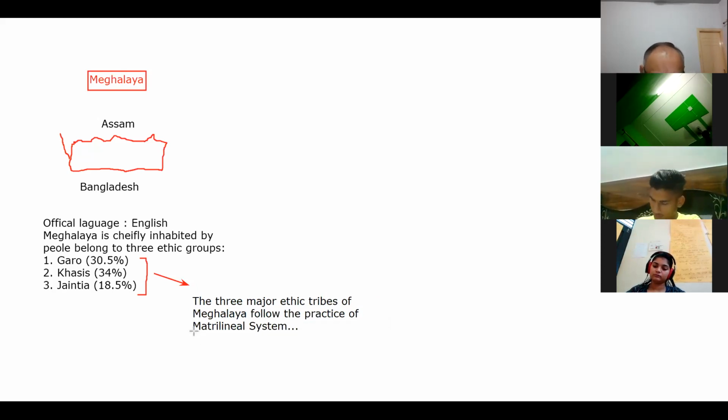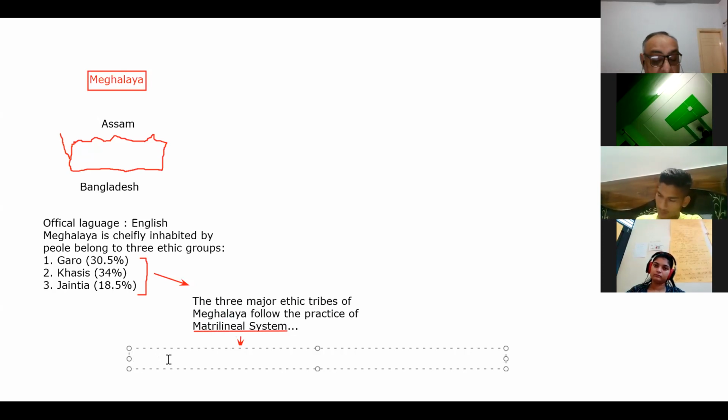Two systems are there. One is the patrilineal and second is the matrilineal system, right? So what is the matrilineal system?